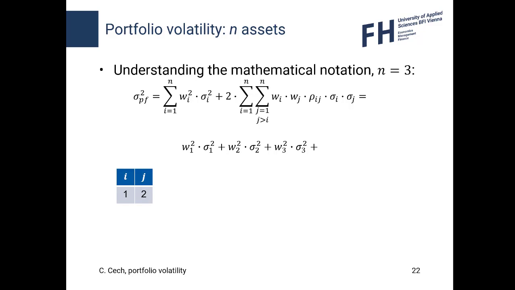Now i is equal to 1 and j is equal to 2. Is 2 larger than 1? Yes. So we now write down this term. And as I've told you before, I always take the 2 inside here: 2 times w1 times w2 times rho 1,2 times sigma 1 times sigma 2.